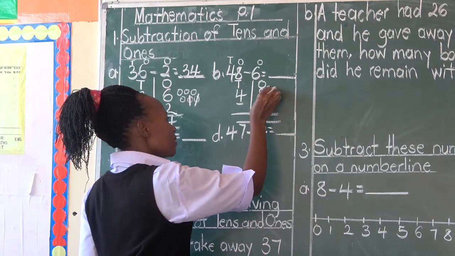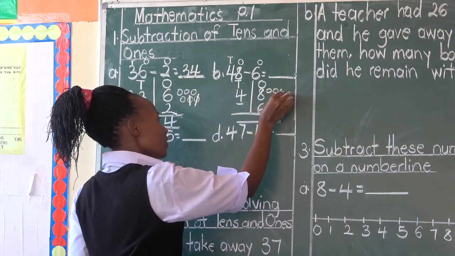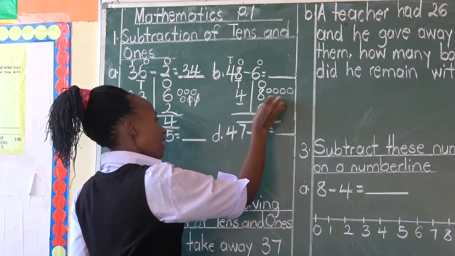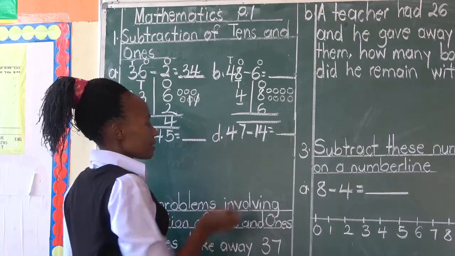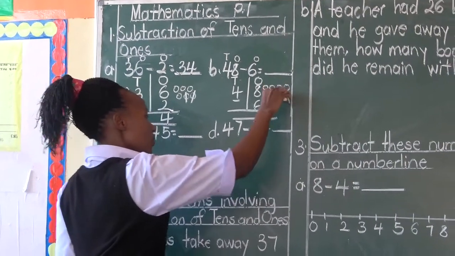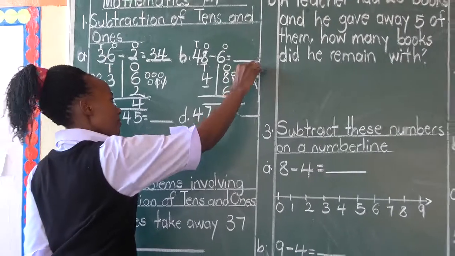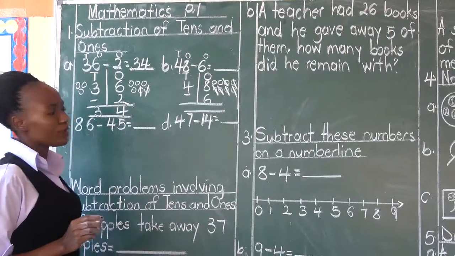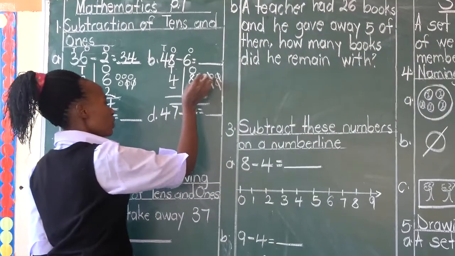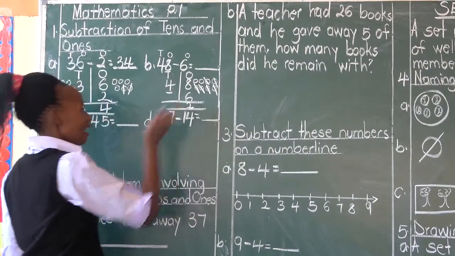We draw our 8 balls. 1, 2, 3, 4, 5, 6, 7, 8. We cross out 6. 1, 2, 3, 4, 5, 6. After crossing out, now you count the remaining balls. 1, 2. We write 2 under 1 nose.